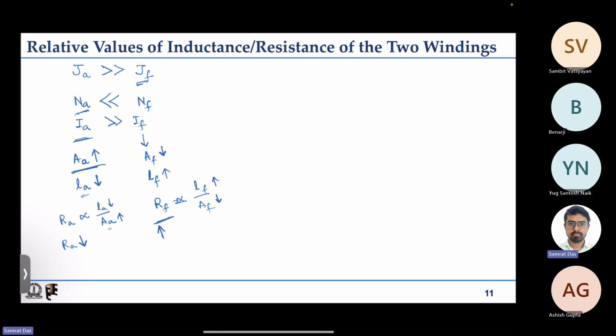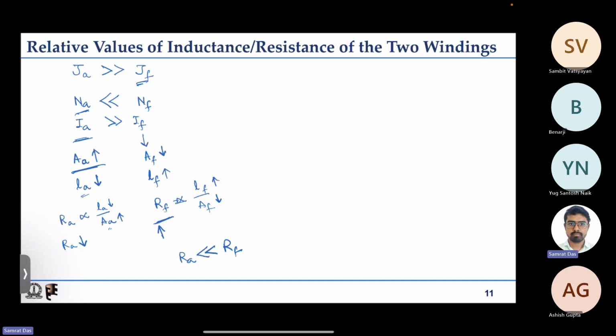If you pick any practical DC machine parameters, you will always find that the armature winding resistance is very, very small compared to the field winding resistance. I just tried to describe qualitatively why it happens that way.